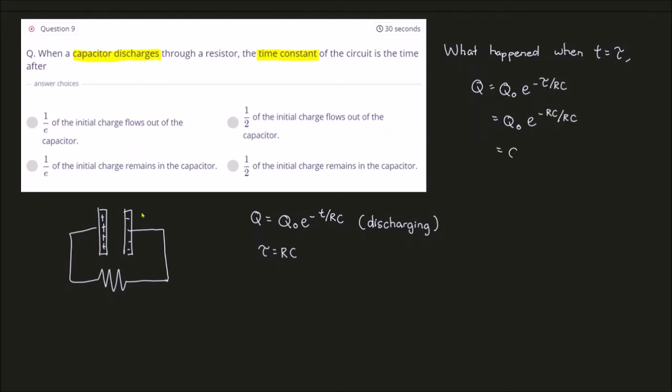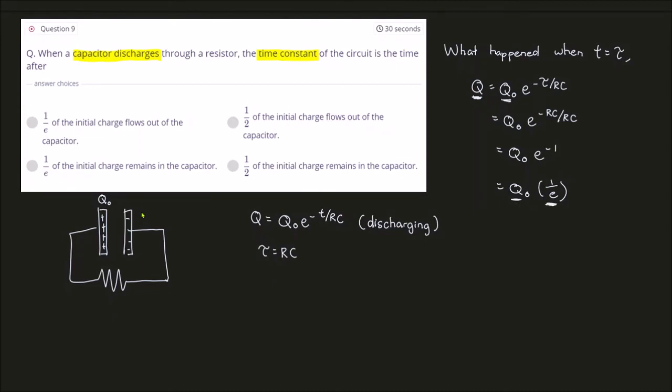Then we may move further to call it e to the negative 1, so this should be Q naught times 1 over e. So what does this tell us? Q naught over here represents the amount of charge that we have initially stored in the capacitor. But now the amount of charge left on the capacitor is the initial multiplied by 1 over e.